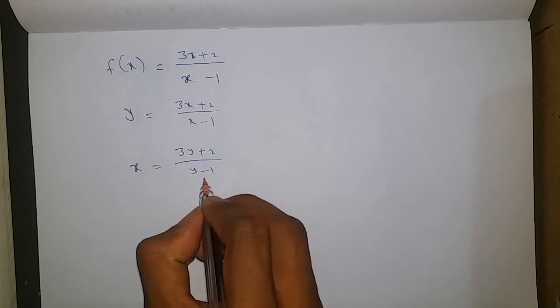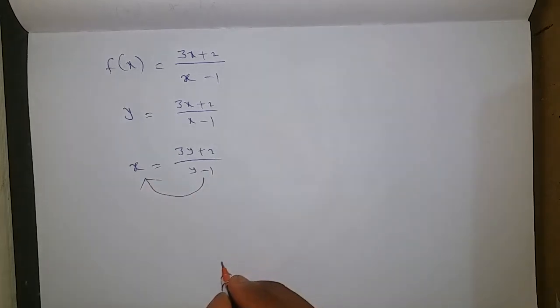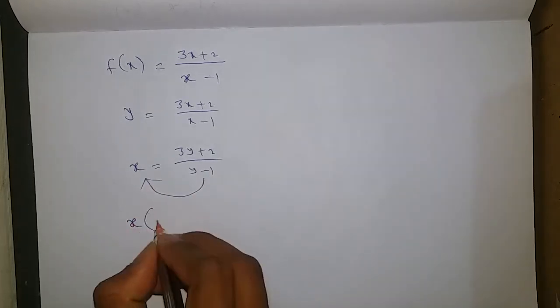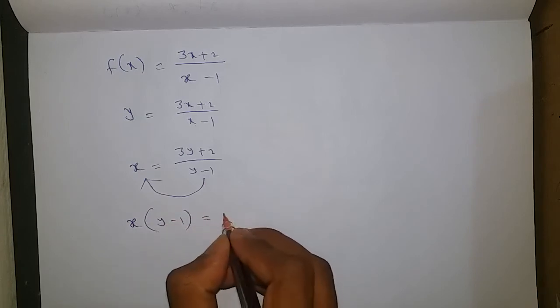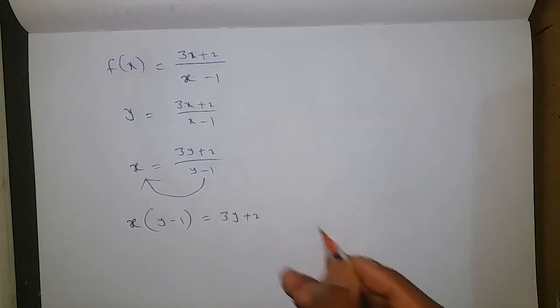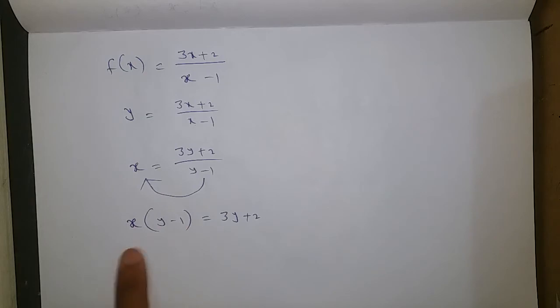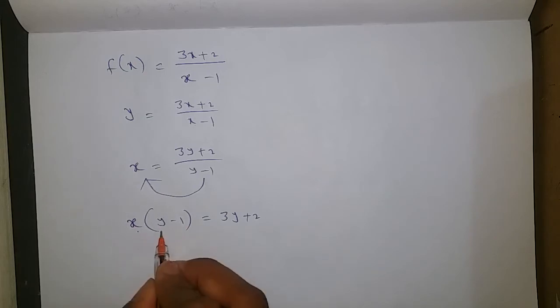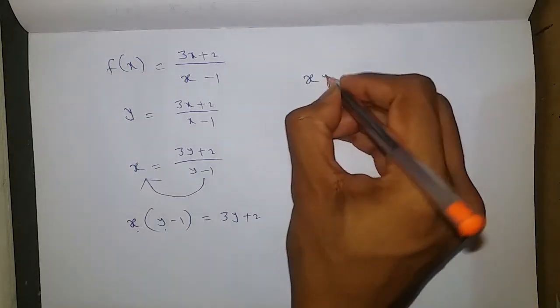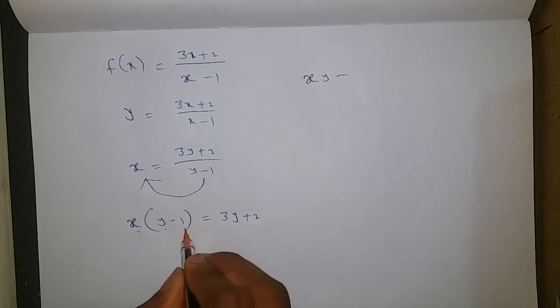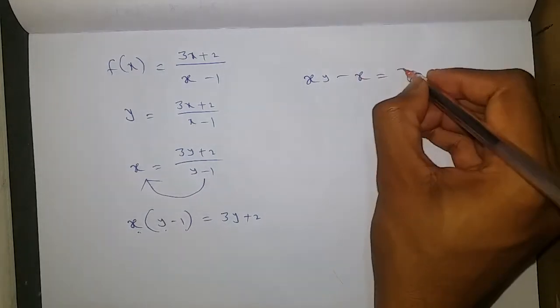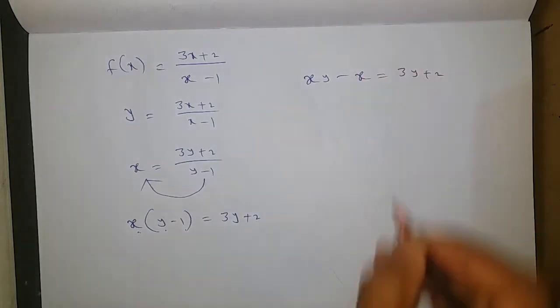This total denominator y minus 1 I am taking to the left side. So we will get x into y minus 1 is equal to 3y plus 2. Now I am opening this bracket, x into y, xy minus x into 1, x is equal to 3y plus 2.